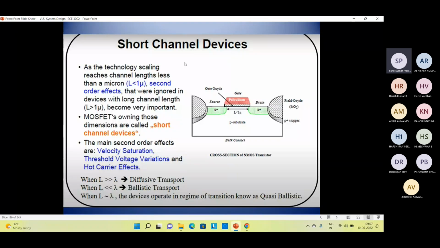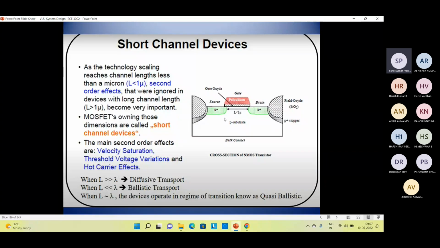Short channel devices means the effective length between source and drain is reduced to a considerable value. The main second order effects which we generally have are velocity saturation, threshold voltage variations, and hot carrier effects.